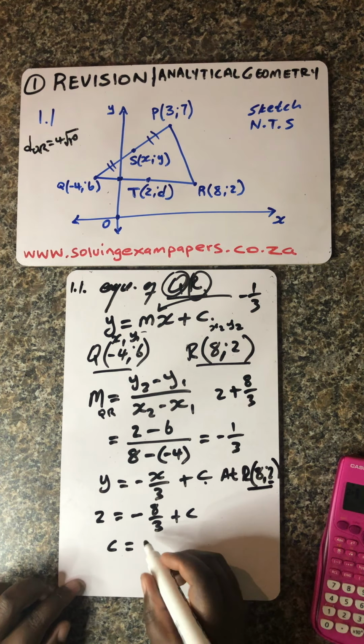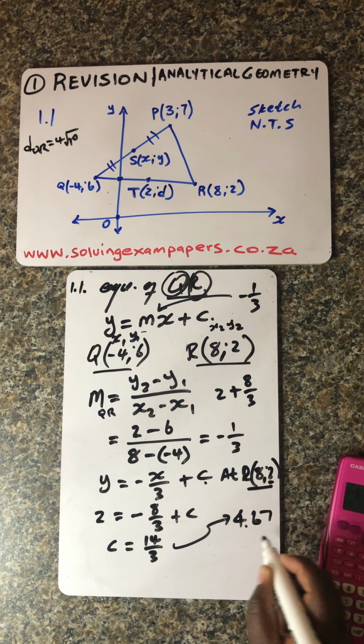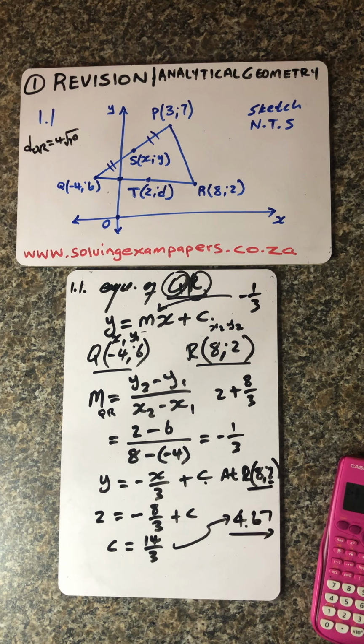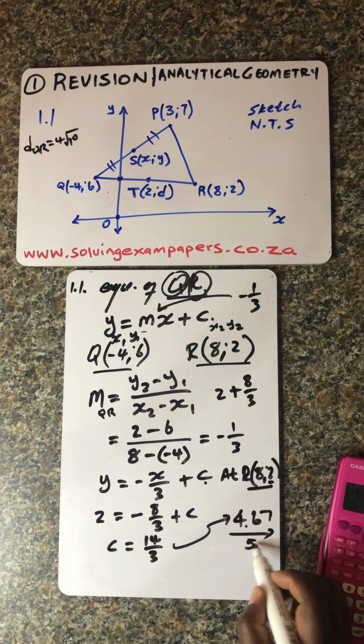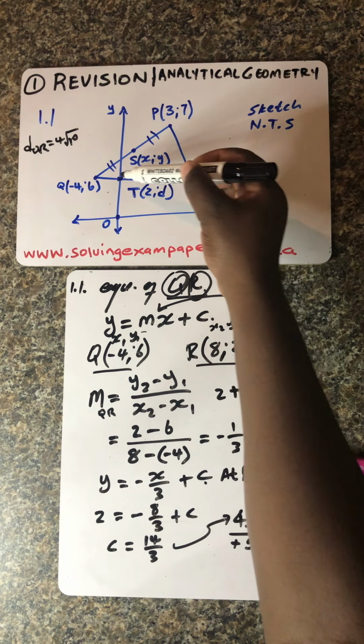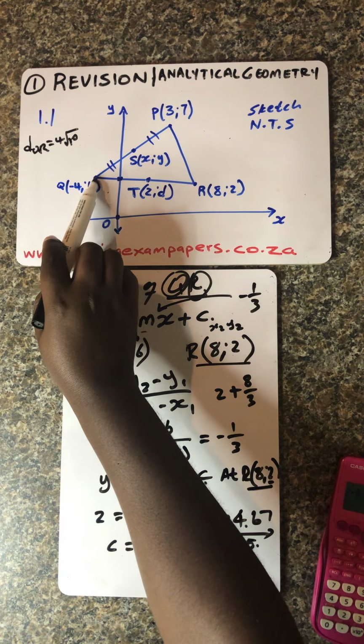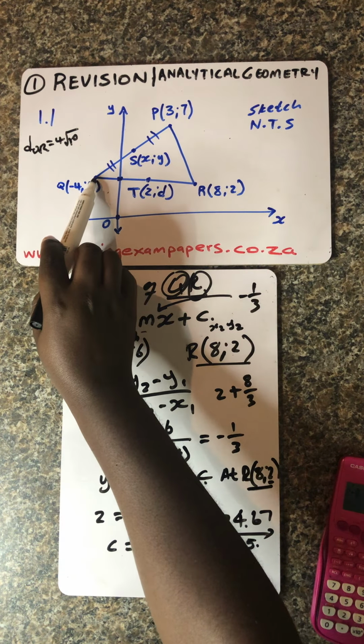So that number in decimal form is the same as 4.67 rounded to 2 decimal places, which is closer to 5 to the nearest value. So ladies and gentlemen, what I'm trying to indicate here is that we've got a positive value. Very, very important. Most importantly, it has to be a positive value which is between that point and that point.